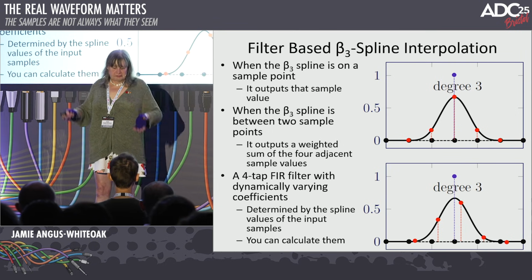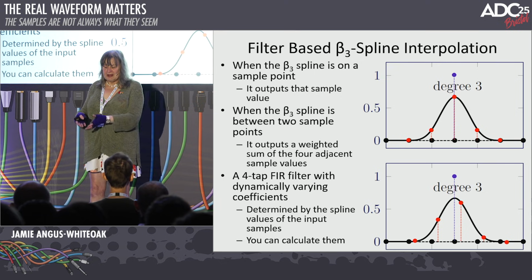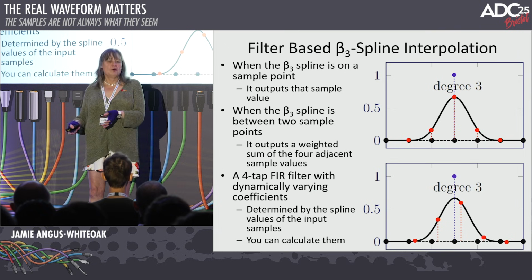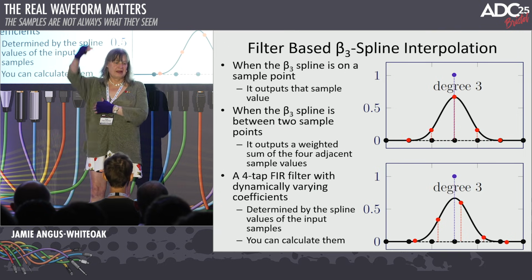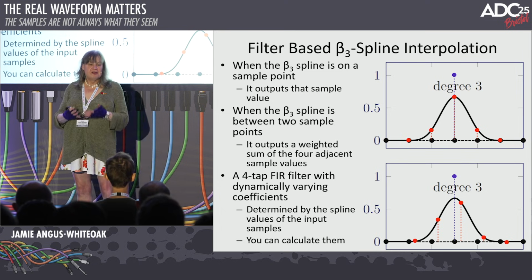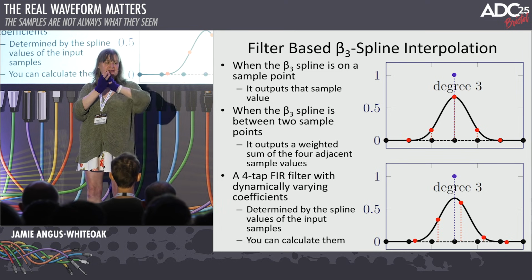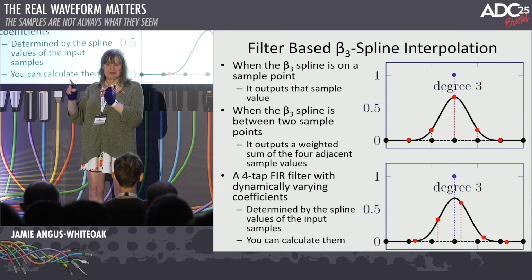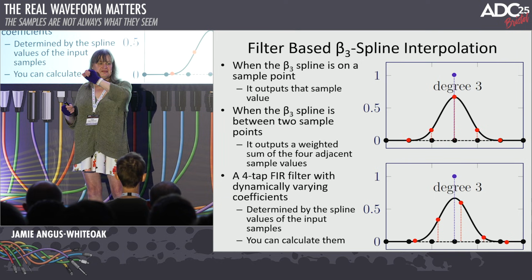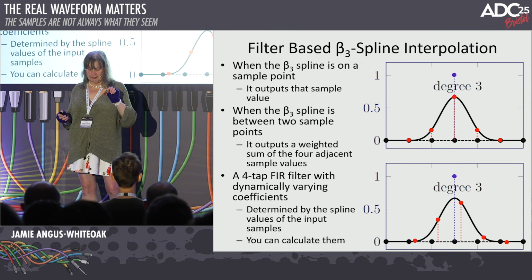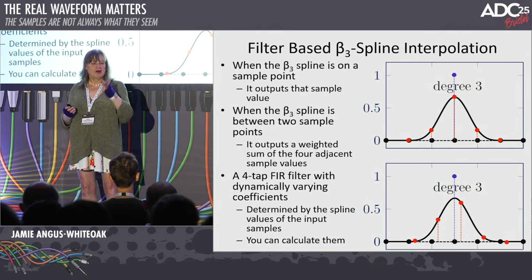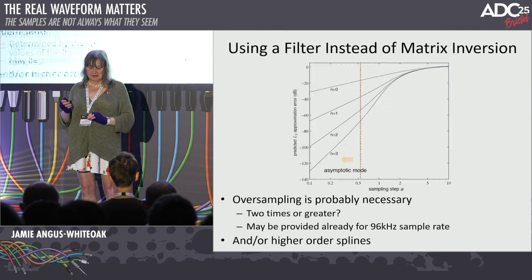Now, the thing is, we can pre-calculate that spline, either with an explicit equation or just by doing it brute force and making a great huge table for it, depending on how much memory we'll want to spend. So it's possible to get very fine divisions of our spline positions, and therefore we can actually get very accurate estimations of the waveform between samples. So this is a solution for working out what's between the samples.